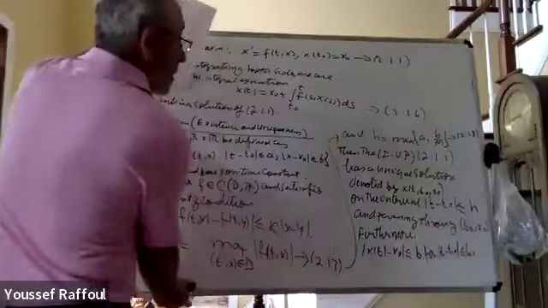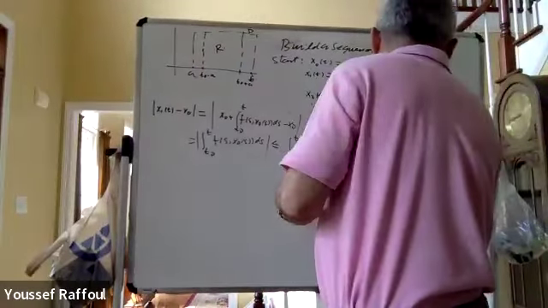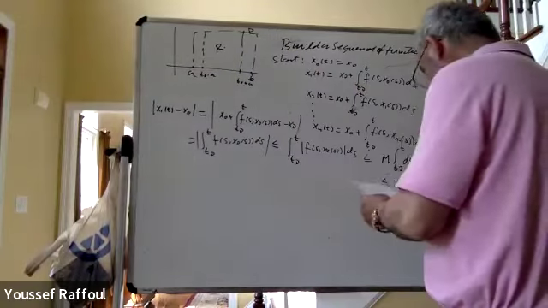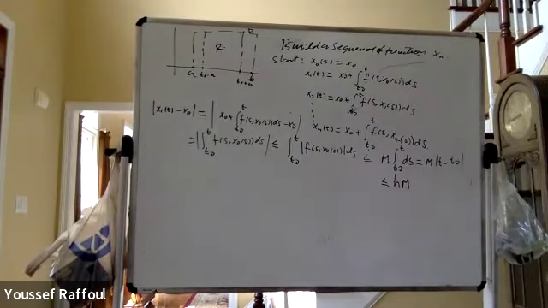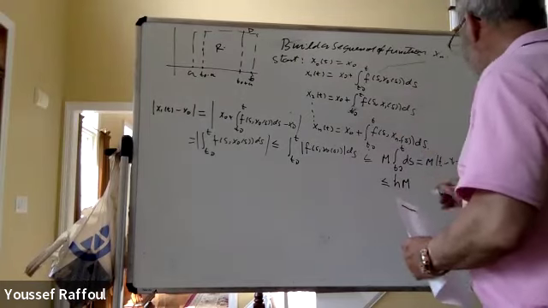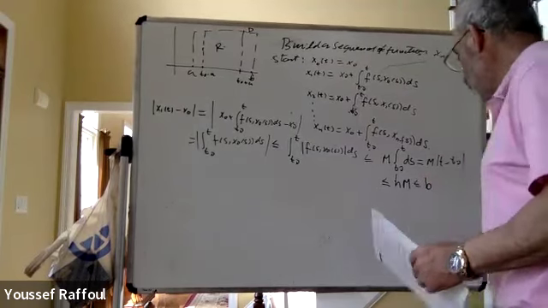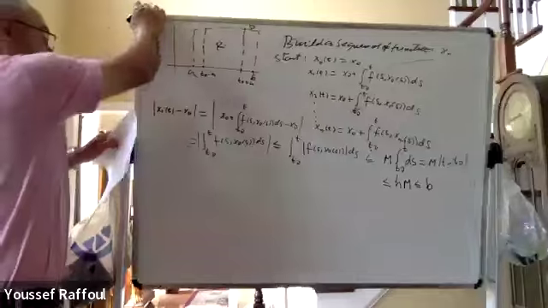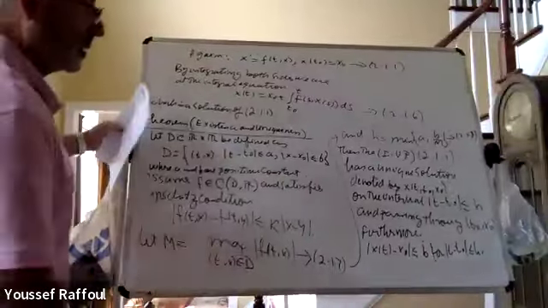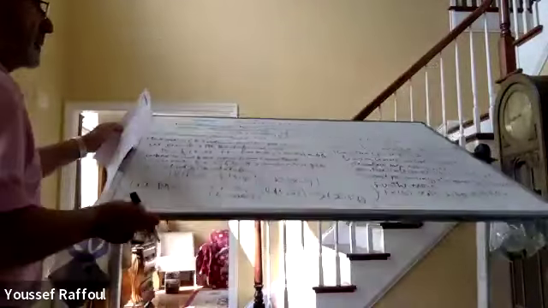Because of the way they are defined, this is less or equal to hM, because |t minus t naught| is less or equal to h. And where we had h, this is less or equal to b because of h. All right? Remember what h is: b over M, the minimum.